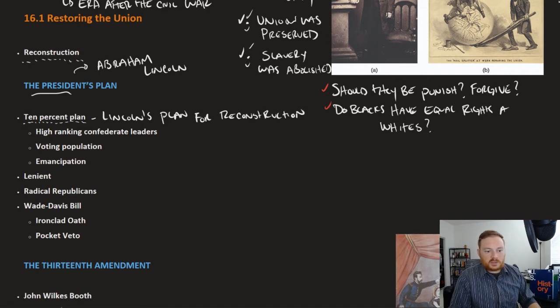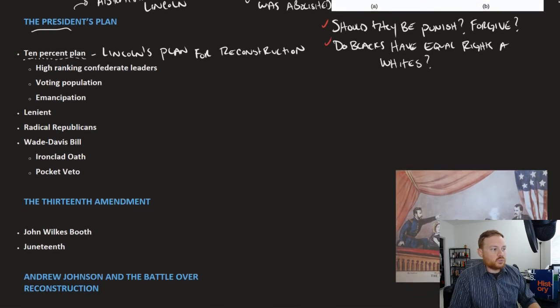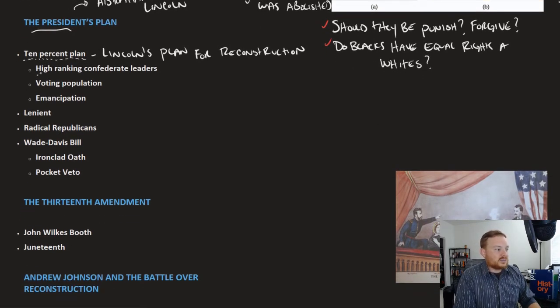And his plan includes a couple of details. One is that, for the most part, everybody will essentially be forgiven except high-ranking Confederate leaders. So we could say Confederates will be forgiven with this exception.